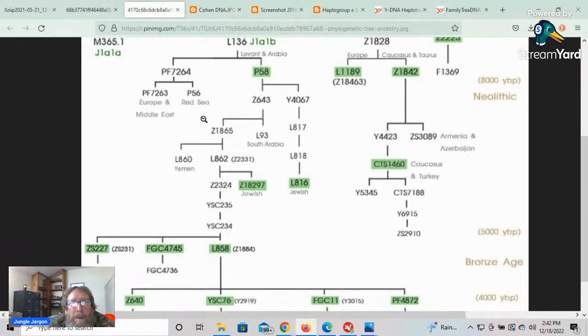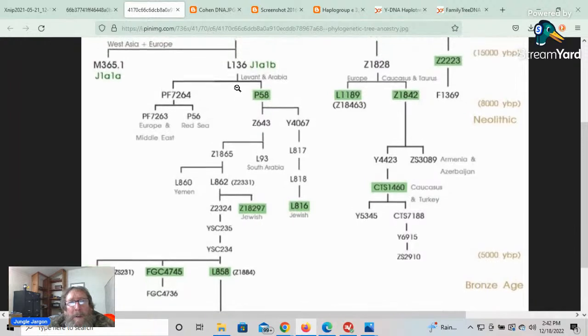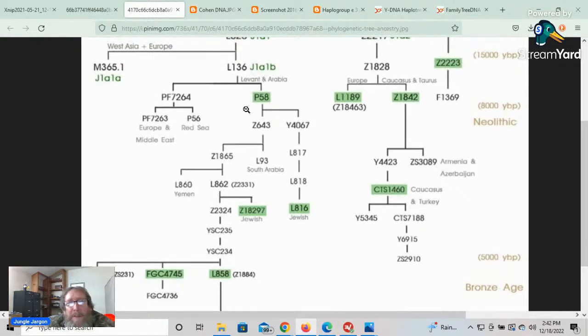So, for all intents and purposes, this is probably descendants of Levi. I mean, they're descendants of Levi, but descendants of Aaron would be this J-P58. These over here could be otherwise descendants of Levi.